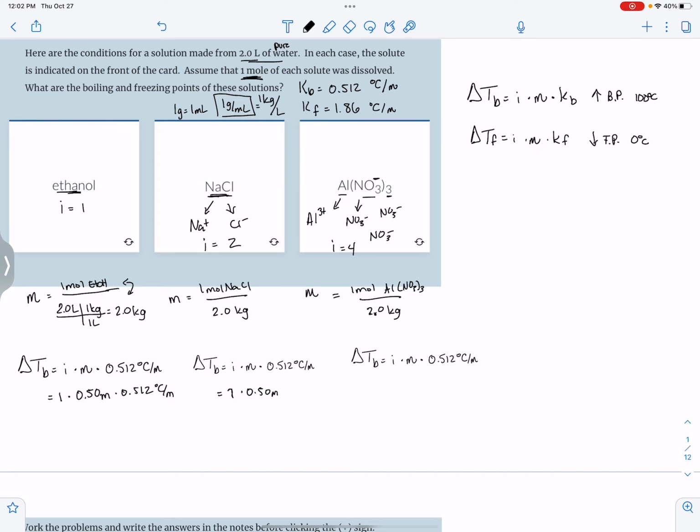Oh, this is 2, right? I was jumping ahead of myself, because i is 2 because it breaks into 2 of them, times 0.512 degrees Celsius per molality. And then this one broke into 4. 0.50 molality times 0.512 degrees Celsius per molality.